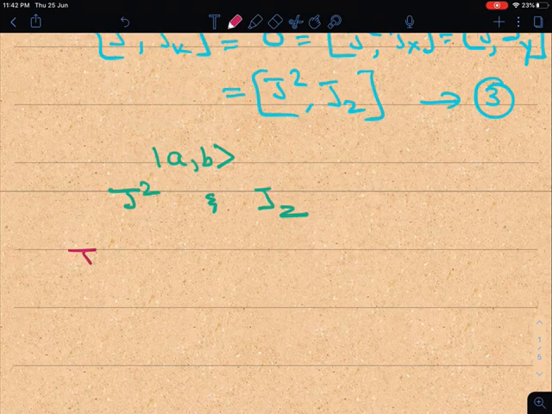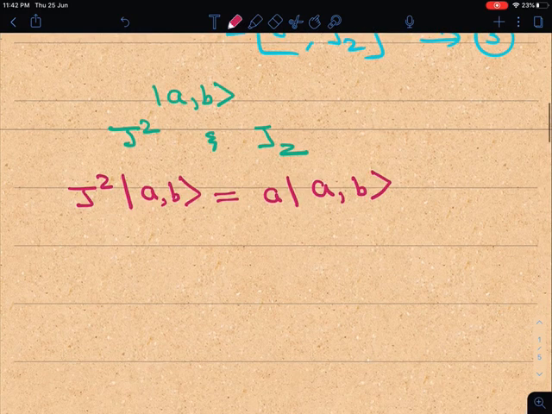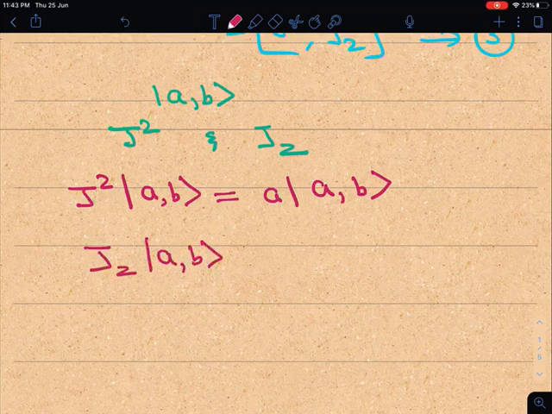We saw that the operator J square acting on the simultaneous eigenket gives you the eigenvalue, which we denoted as small a, times the eigenket |a, b>. Again, Jz acting on the ket |a, b> gives you the eigenvalue b times the ket |a, b>.